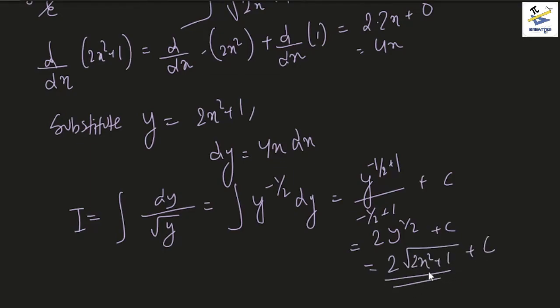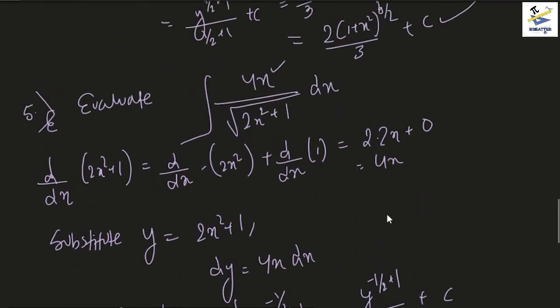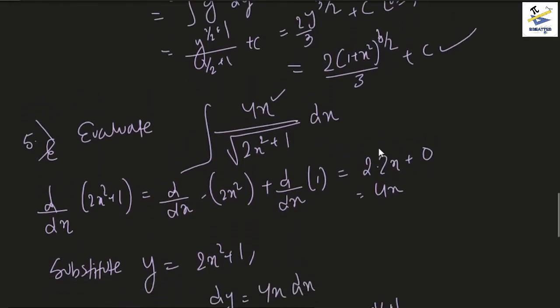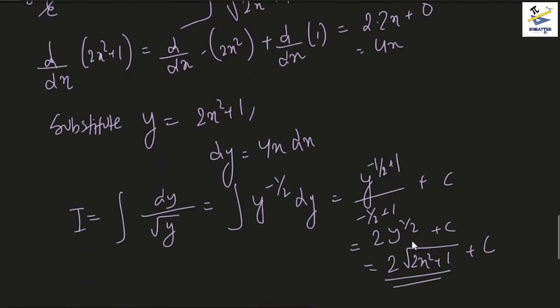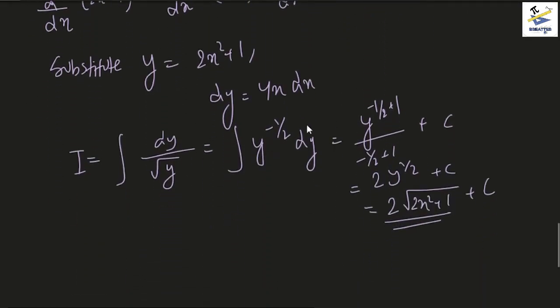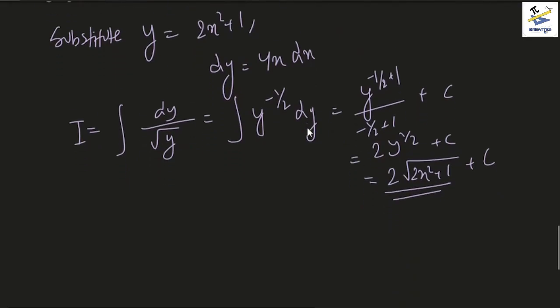If you differentiate this using the chain rule, you would find that the answer is basically 4x divided by root over 2x square plus 1, which is amazing because differentiating something is very easy while integrating something is insanely hard, just because of the methods or the ways you have to look for, right?